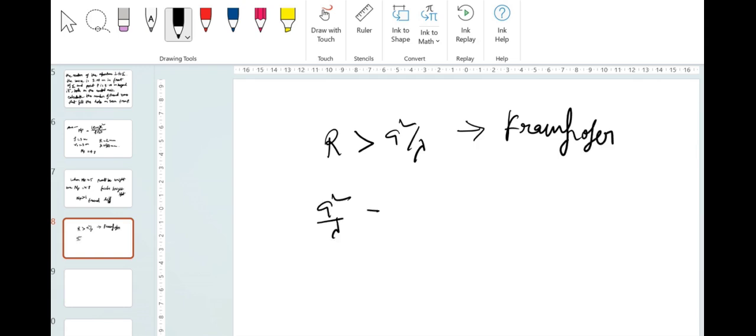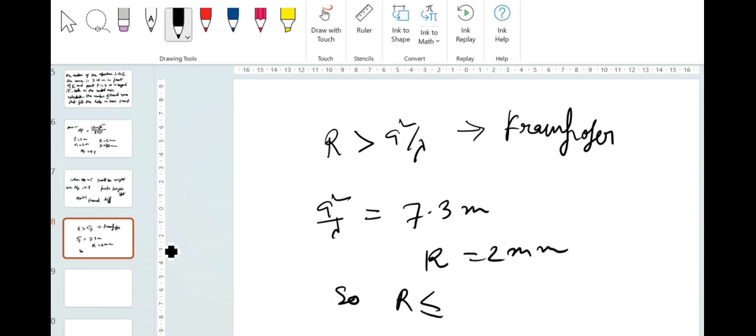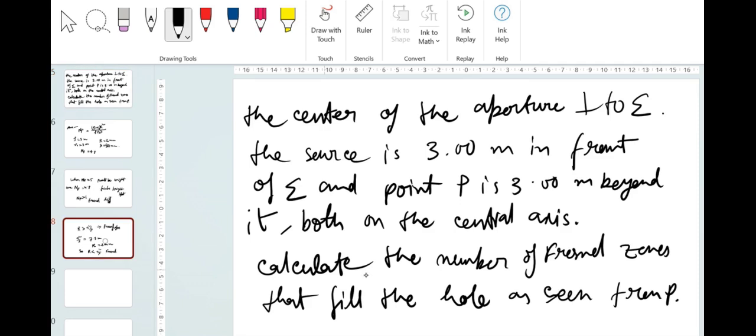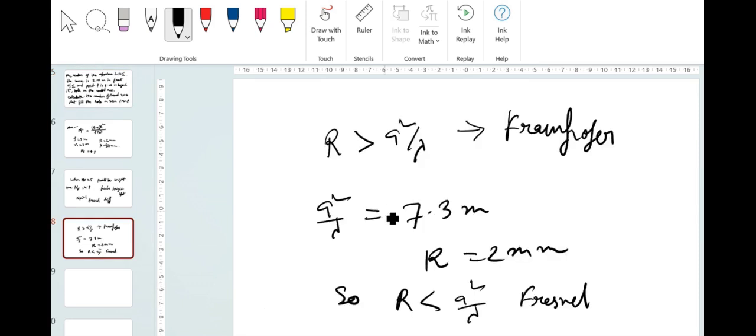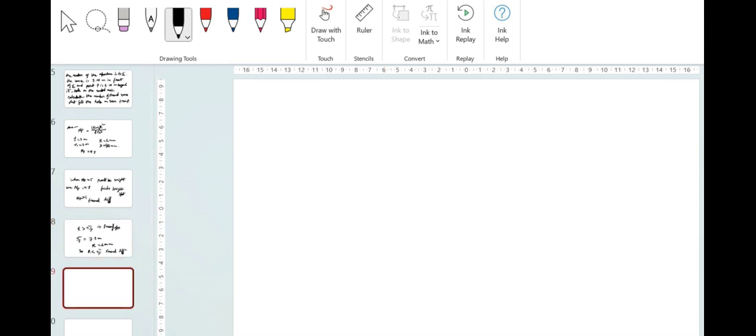Here S squared by lambda is 7.3 meter and R is 2 millimeter, so R is less than S squared by lambda. So Fresnel diffraction will take place. This kind of question will come in the quiz.